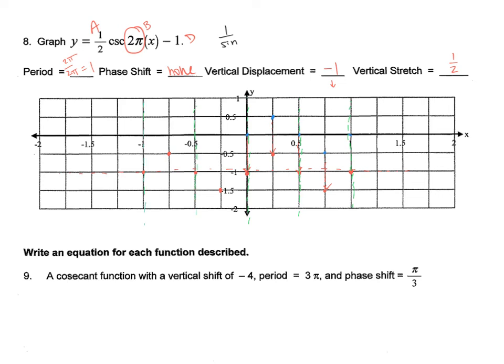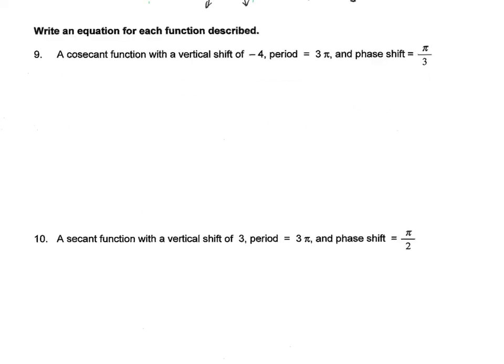Then finally I get to make my U-shapes, and I'm going to use my translated down sine graph for that. And so we end up with this.